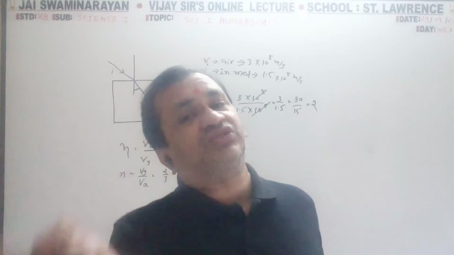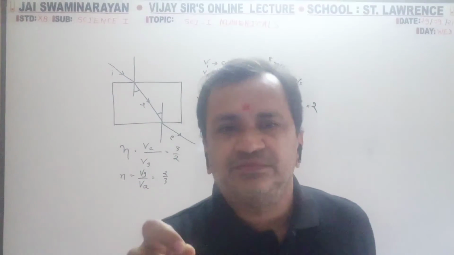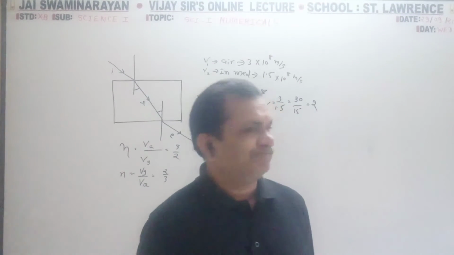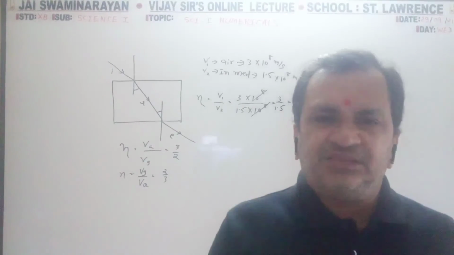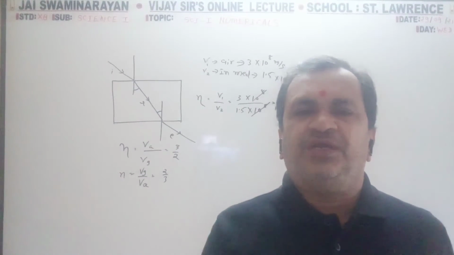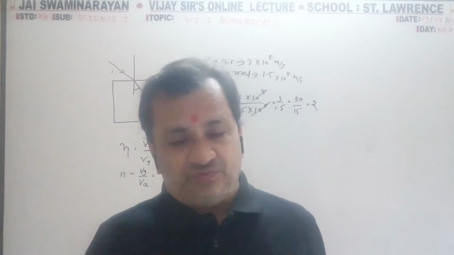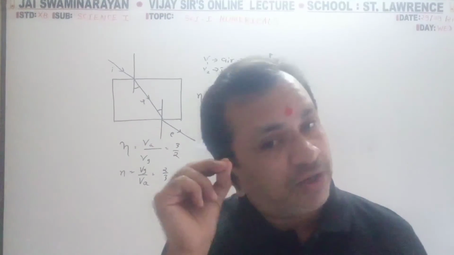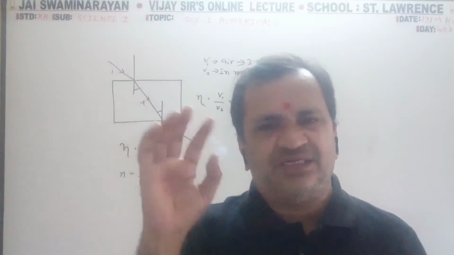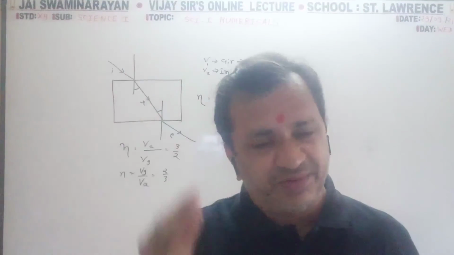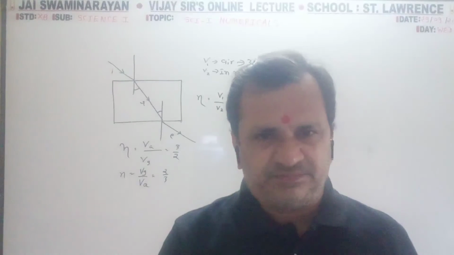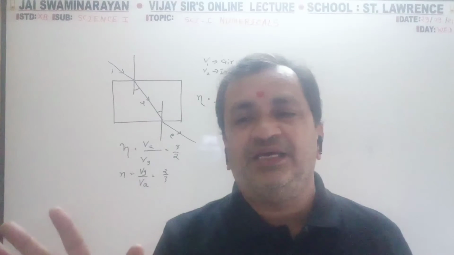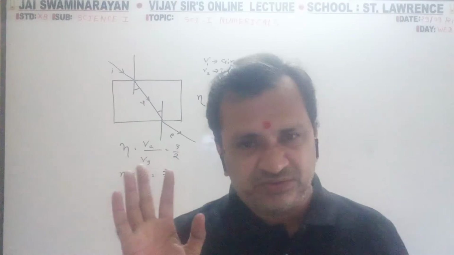When you find a ratio of the same unit, the answer will be without unit. Whenever they ask why we are not writing a unit, you have to write it is a ratio of the same unit. Meter by meter cancels, centimeter by centimeter cancels. Both numerator and denominator have the same units, so the units will be cancelled.